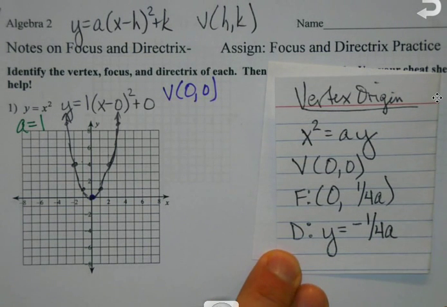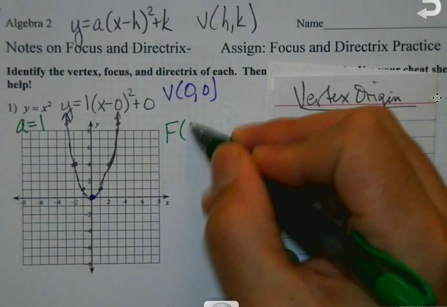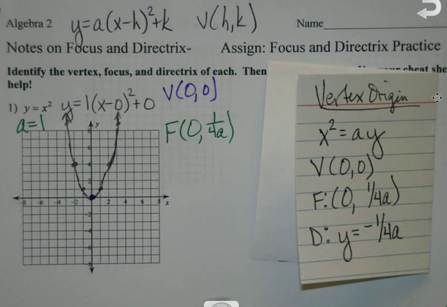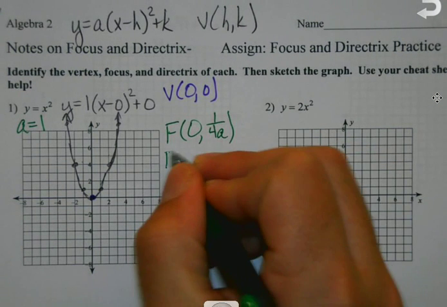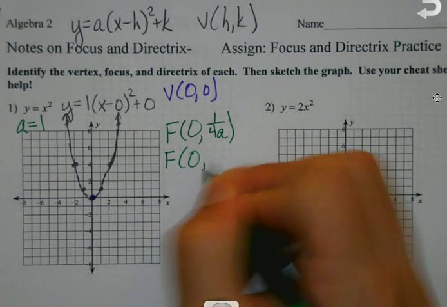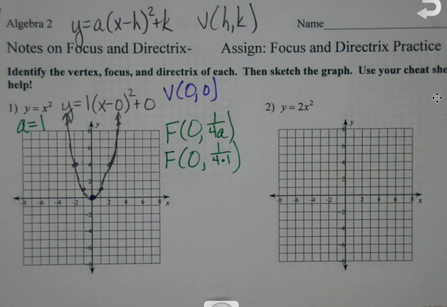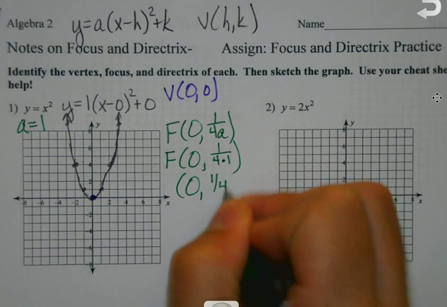So I look at this and I go, okay, so my focus is supposed to be (0, 1/4a). Well, I know what a is. a is 1. So it's really 4 times 1, which is 4. So this makes this 1/4.